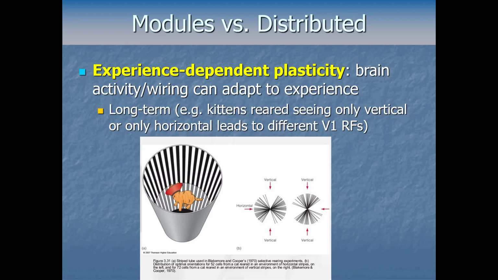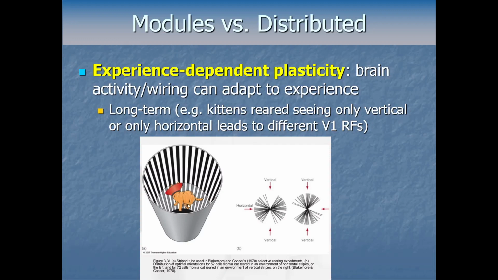Lines of certain orientations. They measure those and they look at how many of those V1 simple cells are specialized for, say, straight up and down or mostly up and down lines versus ones that are specialized for side to side horizontal lines.